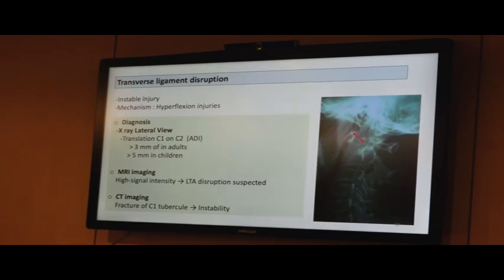The MRI shows a high signal intensity which confirms transverse ligament disruption, and the CT imaging confirms a fracture of the tubercle of C1, which means instability. We talk about it in the fracture of Atlas.